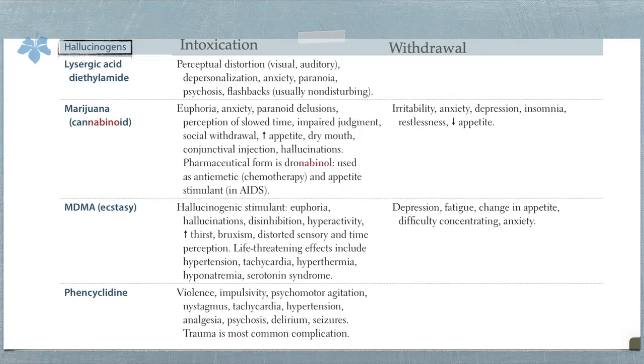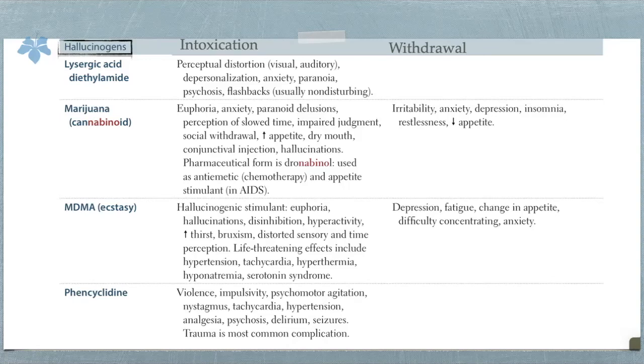For marijuana, also known as cannabinoids, intoxication includes euphoria, anxiety, paranoid delusion, and the unique symptom of marijuana intoxication is a perception of slowed time, along with impaired judgment and social withdrawal.